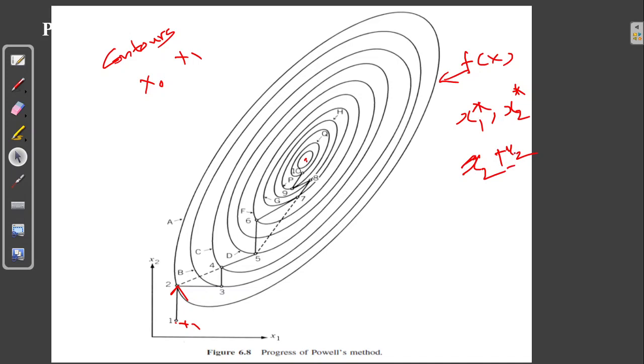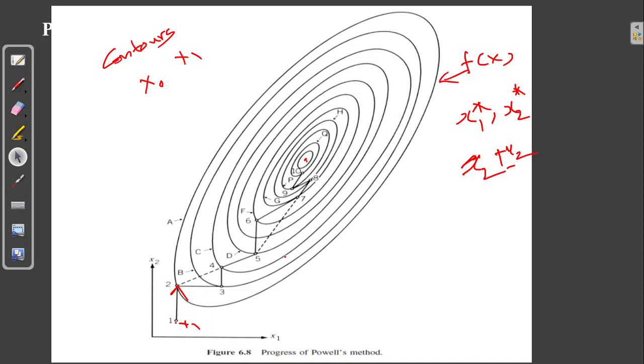First you get the direction, then the next question is how far you have to go in that direction so that our function f of x, that is, our contour, has the minimum value.